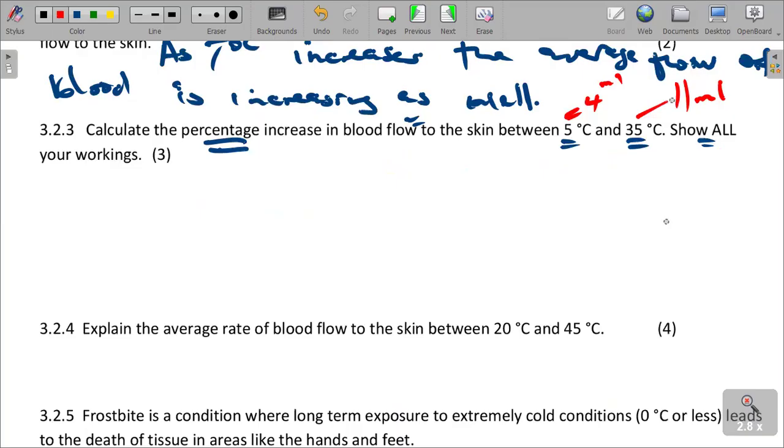So what we need to do is we say final increase minus initial over initial times 100.